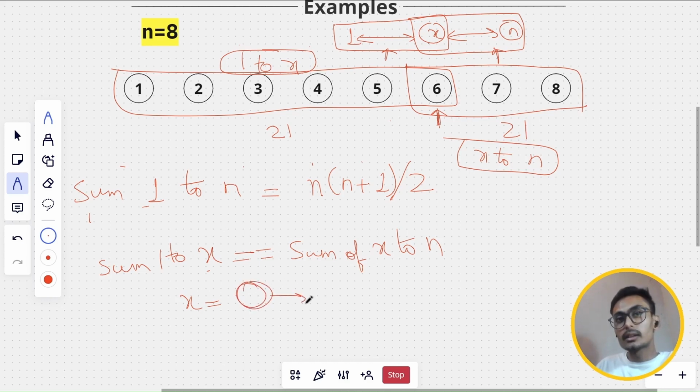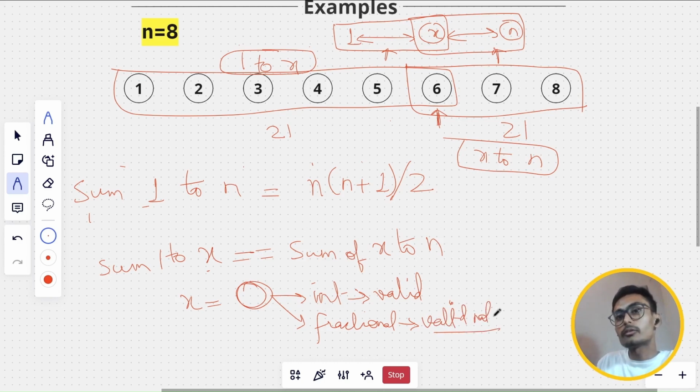If this x is an integer, that means it is a valid solution. If we get a fractional value, that means that is not valid. This will be the correct and this will be the wrong answer.